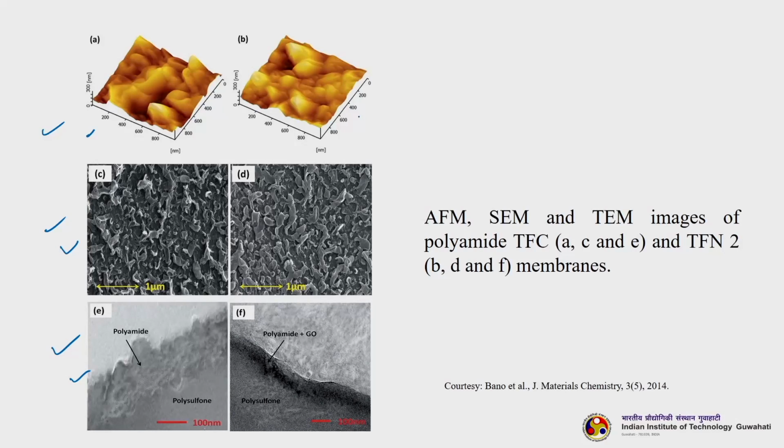Similarly, here this is the AFM, this is the SEM, and this is the TEM image of a TFN, thin film nano composite membrane. You can see how the images are distinct for a particular substrate in case of AFM, SEM and TEM.